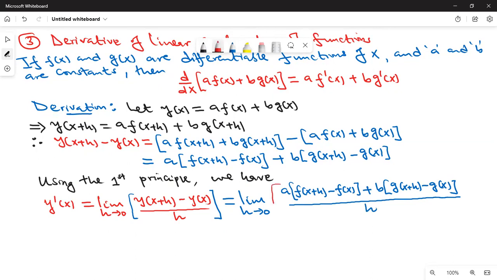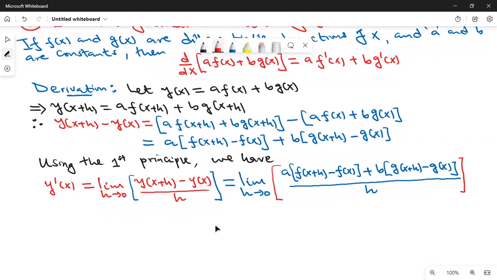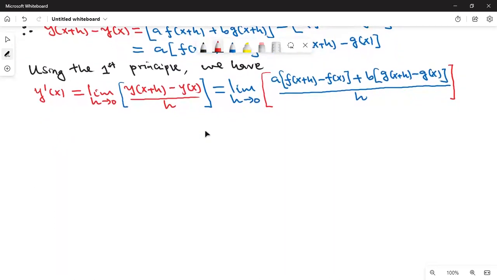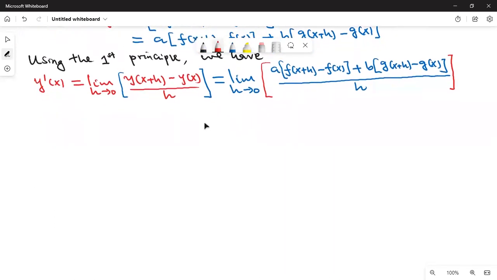So, you know the properties of evaluating limits, that limits you can distribute to each of those functions. I want to split this into two parts because it applies the property of limits.